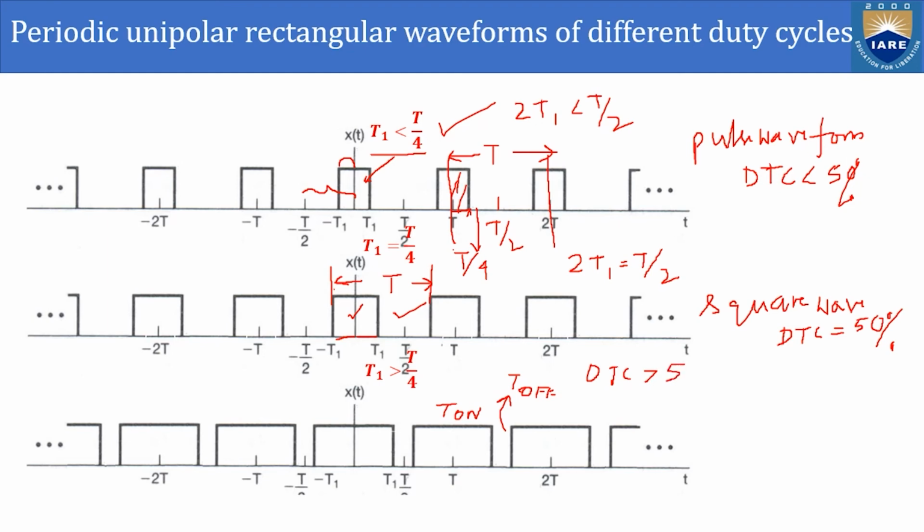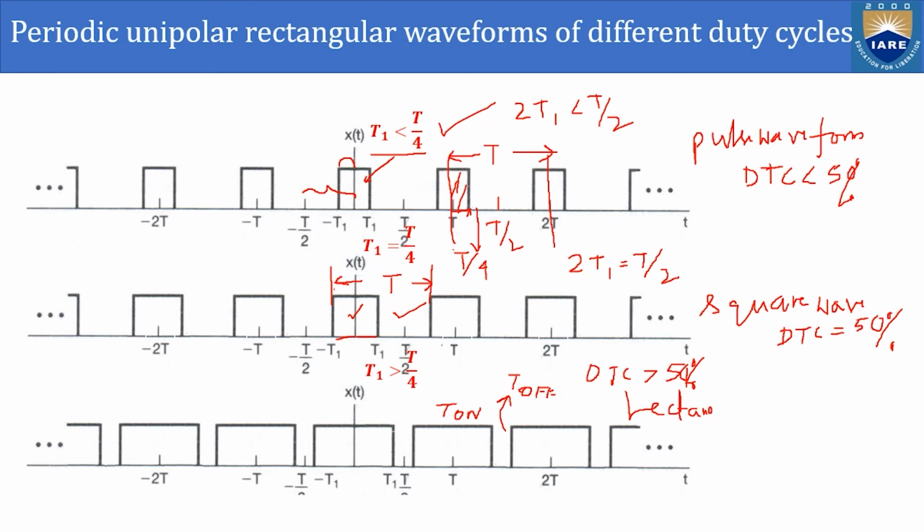So whatever is there in the on period looks like a rectangle now. That's why you can call this a rectangular pulse. But in general any of these you can call a rectangular waveform with different duty cycles.